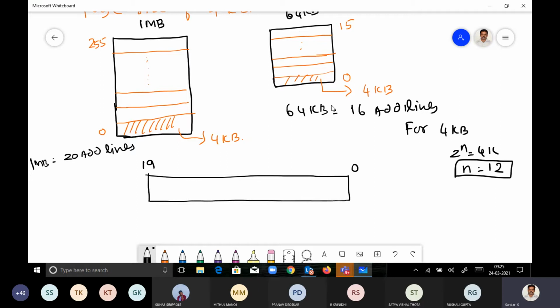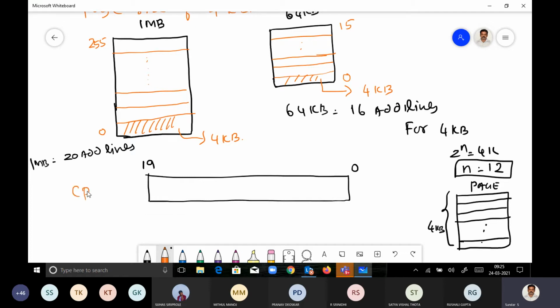So every page has 4 kilobyte locations. Now this is the address from the CPU.